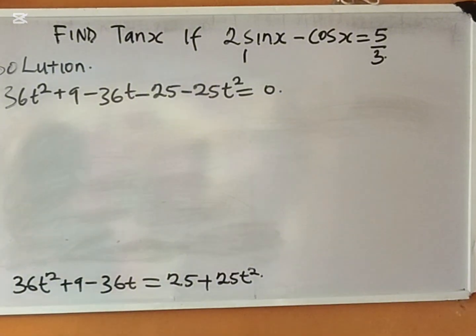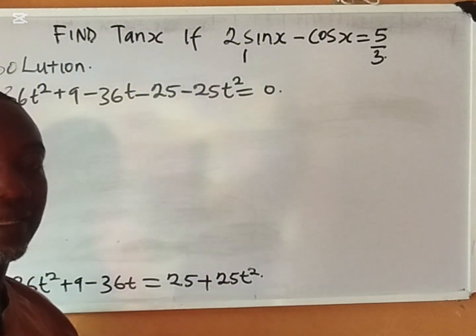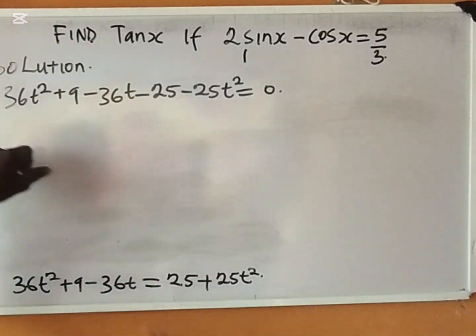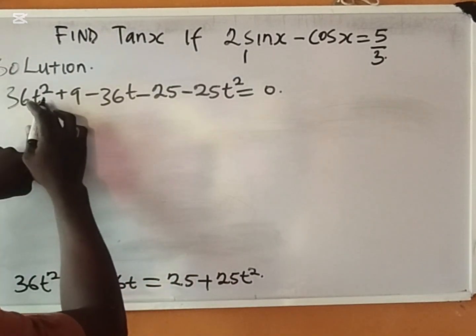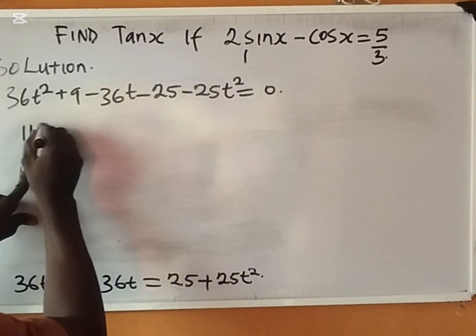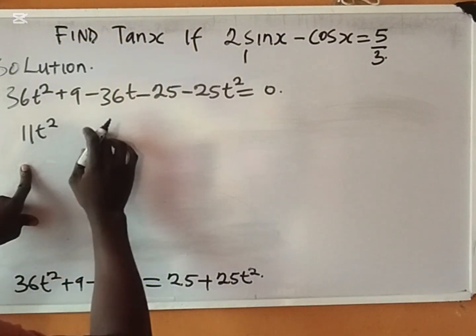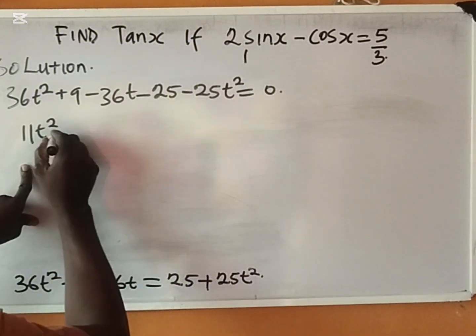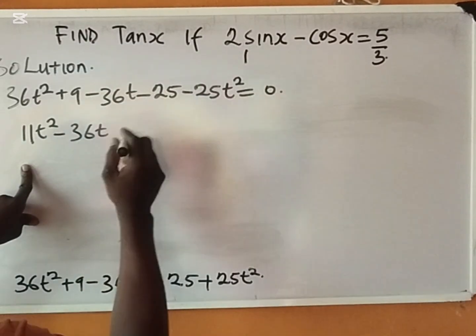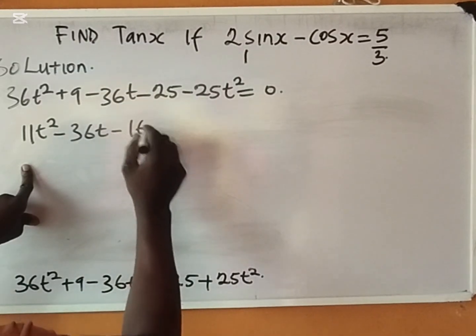Now we can add like terms or subtract like terms as the case may be. We have 36t squared minus 25t squared is going to give us 11t squared. We have 36t is alone, so write minus 36t. 9 minus 25 is minus 16.